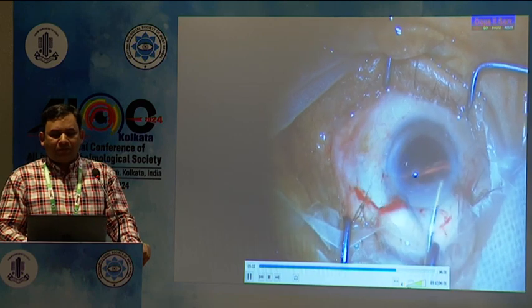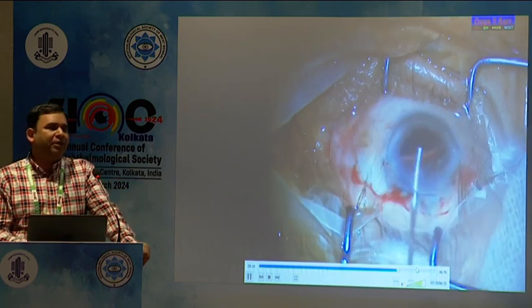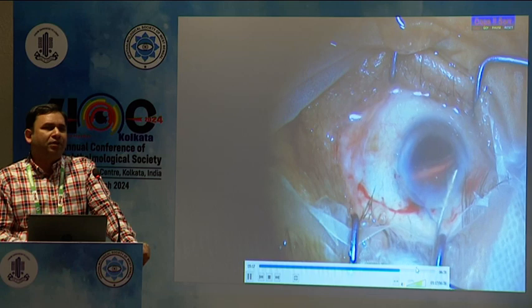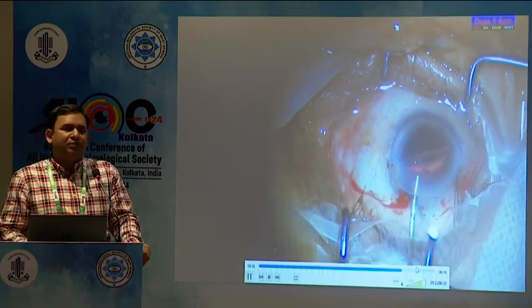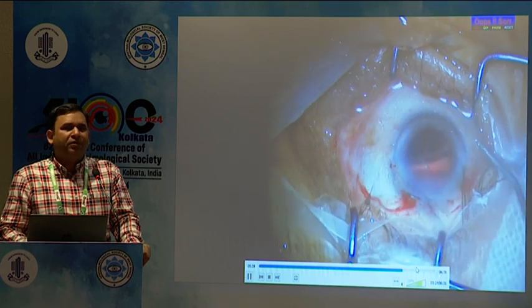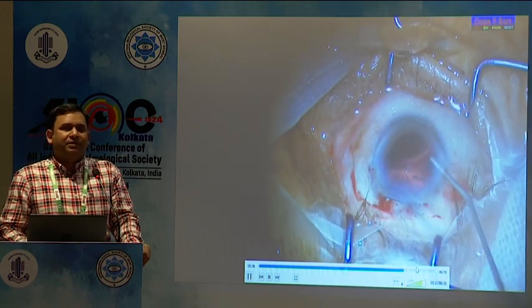After this, we have to again do the vitrectomy, complete the vitrectomy and suture the corneal wound, and we can plan a secondary IOL, or we can give aphakic glasses, because the patient is 85 years old and may not be willing for a secondary surgery.